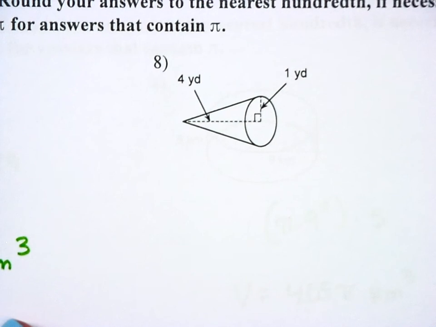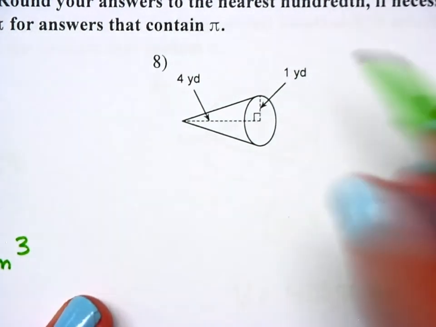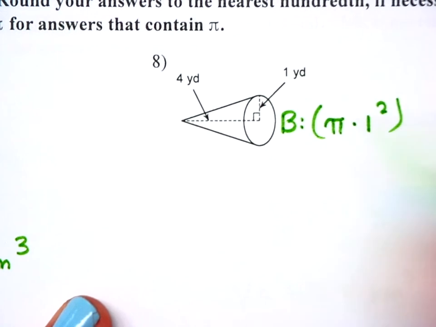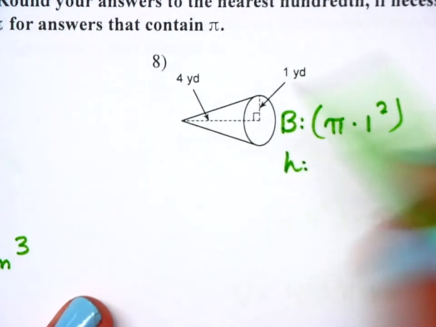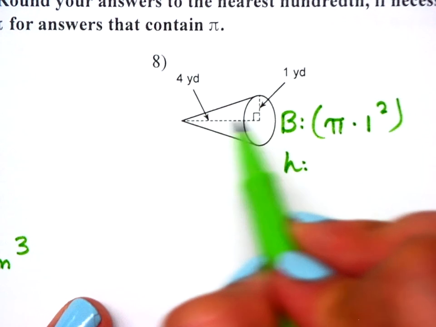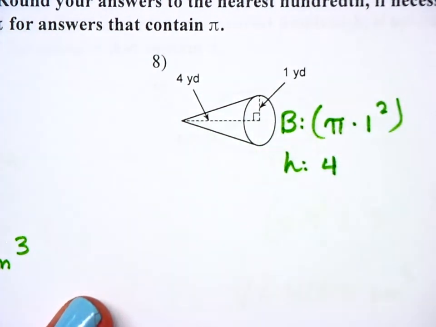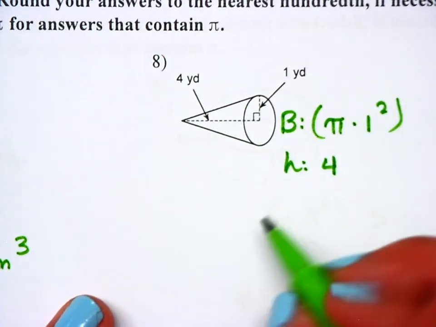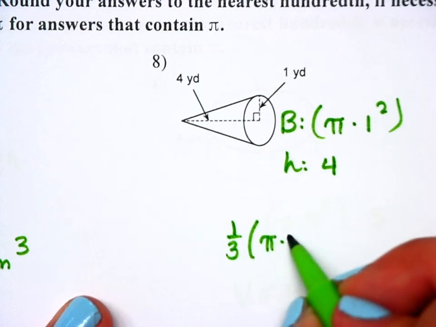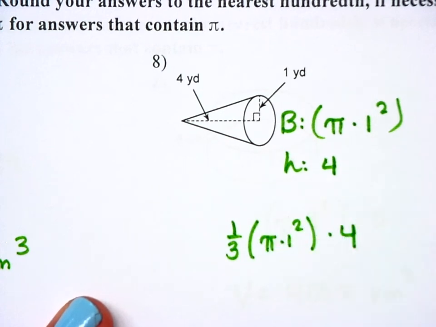All right, last one, cone on its side. I've got a radius of 1. So pi times 1 squared is the area of my base. The height of the object. Careful, if this is the base, then this is the height perpendicular to it. So the height is 4. Okay? Since it's a cone, I know it's 1/3 area of the base times height.